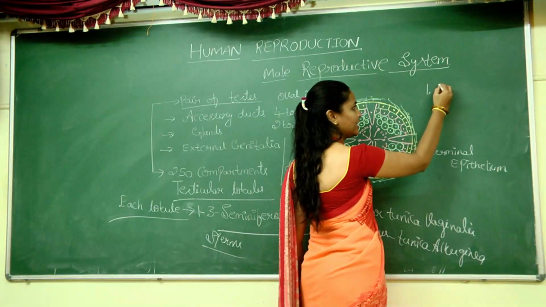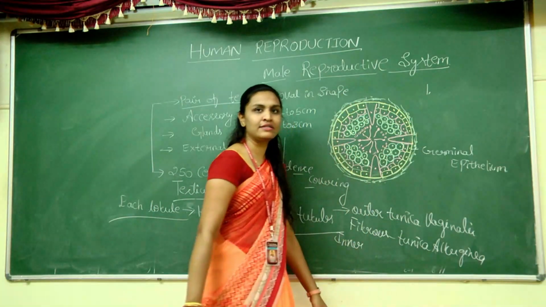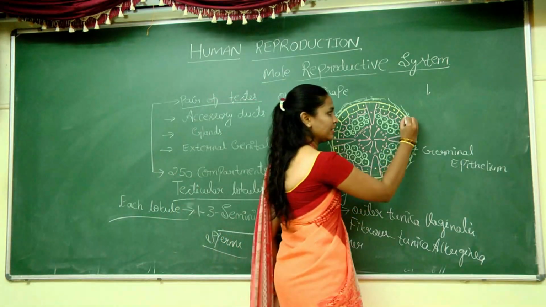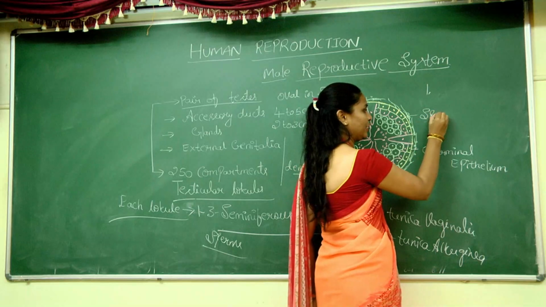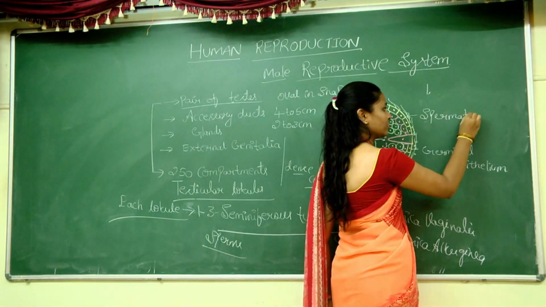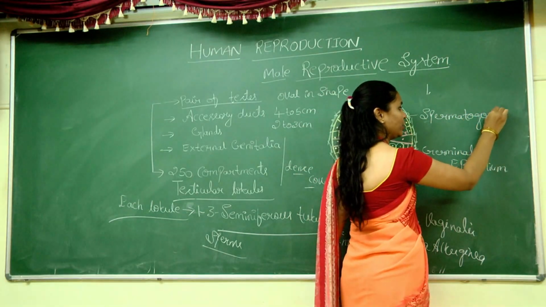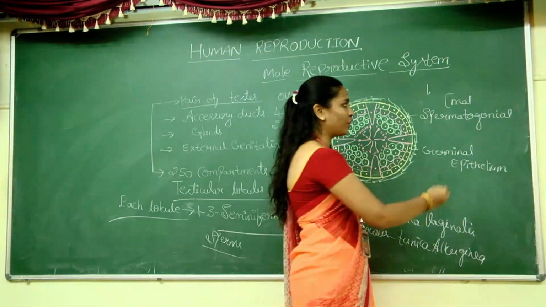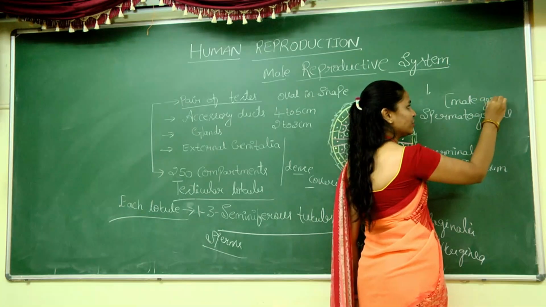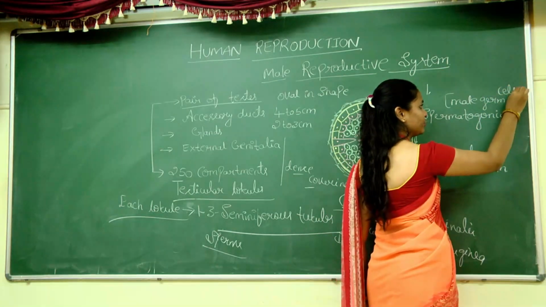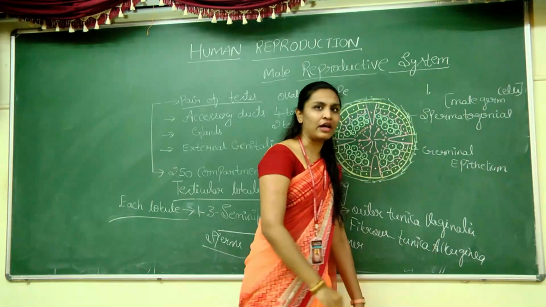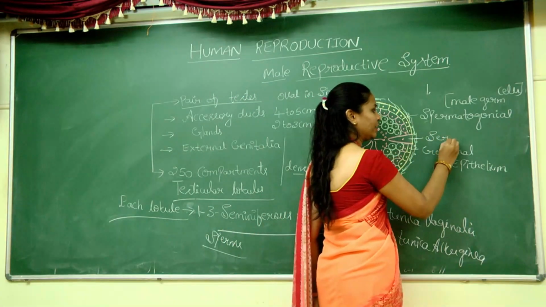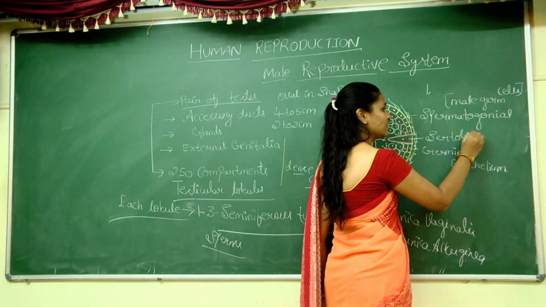The first one is the spermatogonial cell, and the second one is the Sertoli cell. Spermatogonial cells are also known as male germ cells.